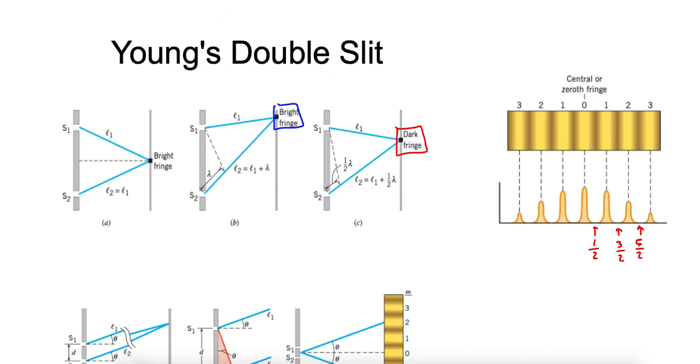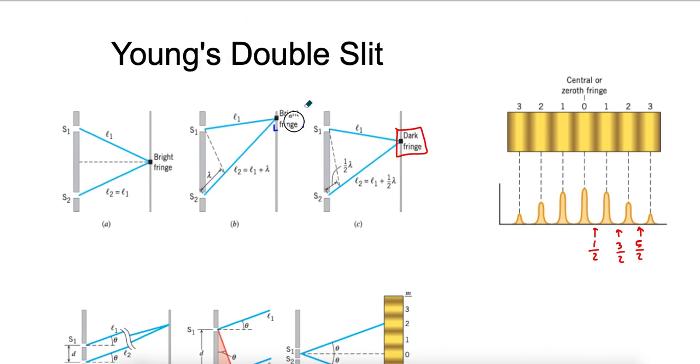It actually comes from what's happening over here. All right, so if we erase this, we can look. So the center bright fringe comes from the rays. If we look at these as rays, they're both going to come here and they're going to be constructive, and you're going to get that bright spot.